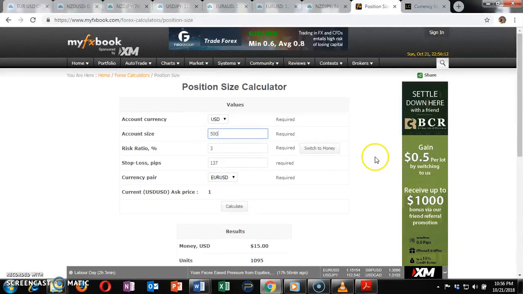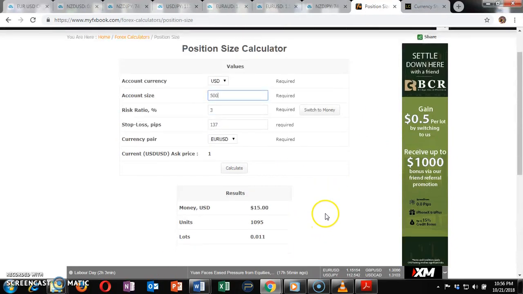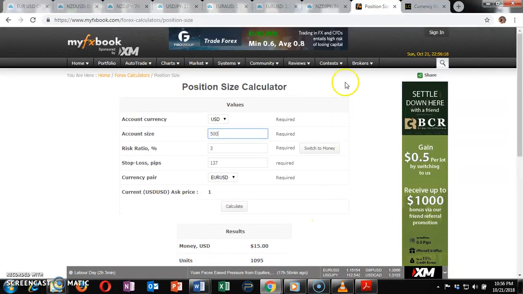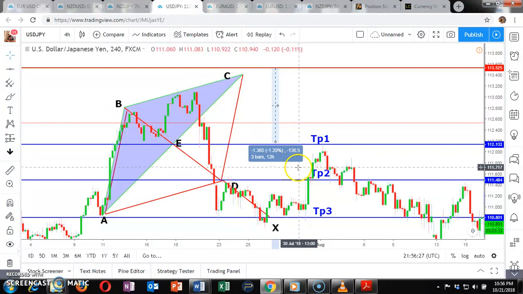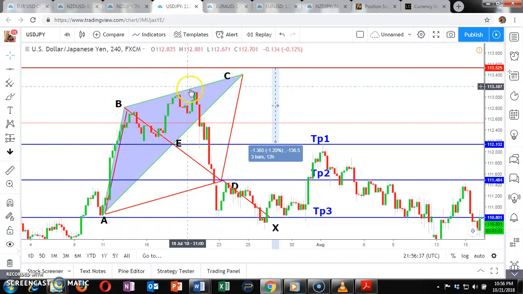So basically this is how you calculate what your lot size would be before you go and take that trade. So you go into your MetaTrader 4, input your stop loss, input your take profits 2 or 3, and then sell. Now remember, whenever market is coming downwards this way, your entry is sell.